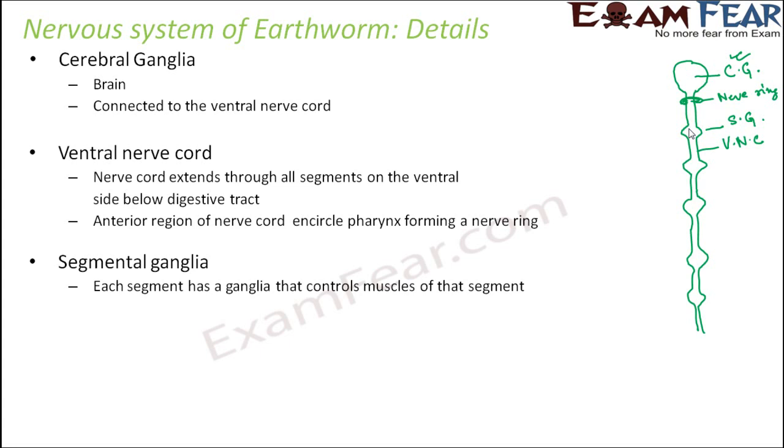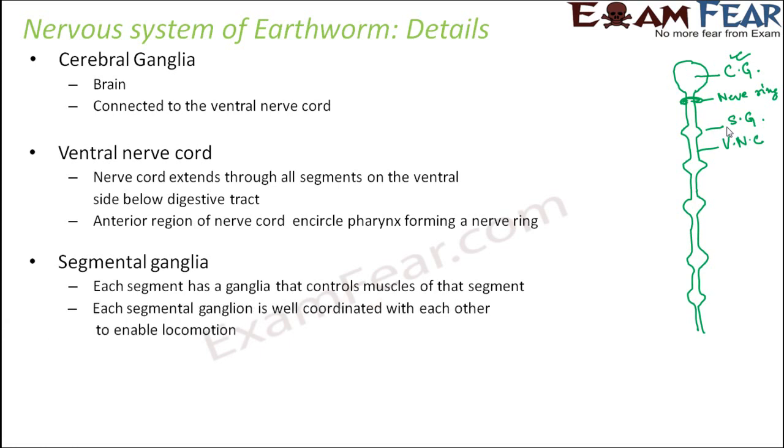Similarly here, segmental ganglia will control the muscular movement of that particular segment. But the cerebral ganglia and the nerves of the nerve ring will control the muscles of all the segments. You're getting that point. So segmental ganglia is like a class monitor and cerebral ganglia is like a school captain. That is the difference between the two.